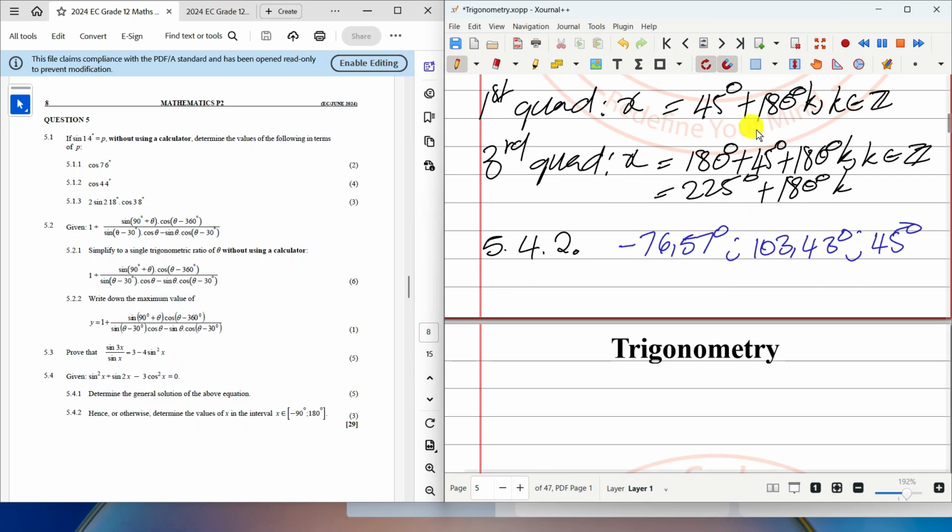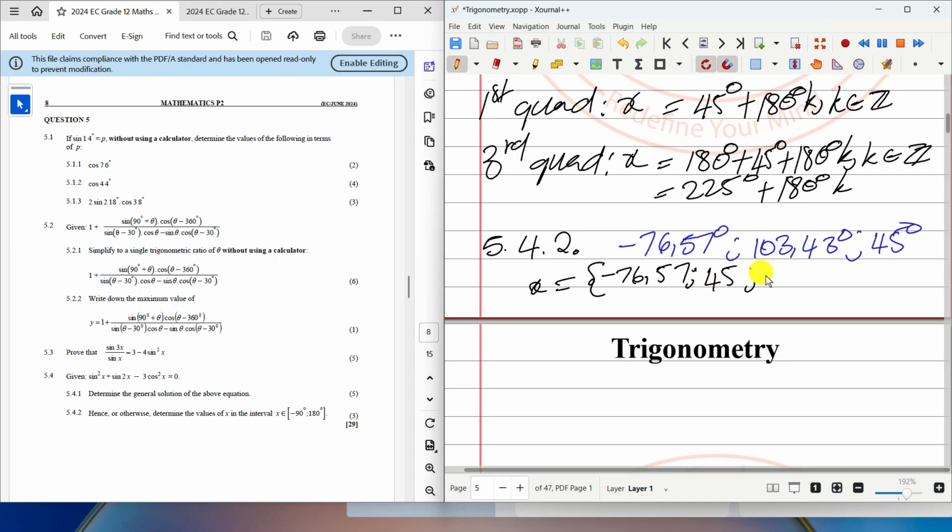Therefore, to answer our question, x is equal to, the lowest is negative 76.57; 45; 103.43, and close brackets.